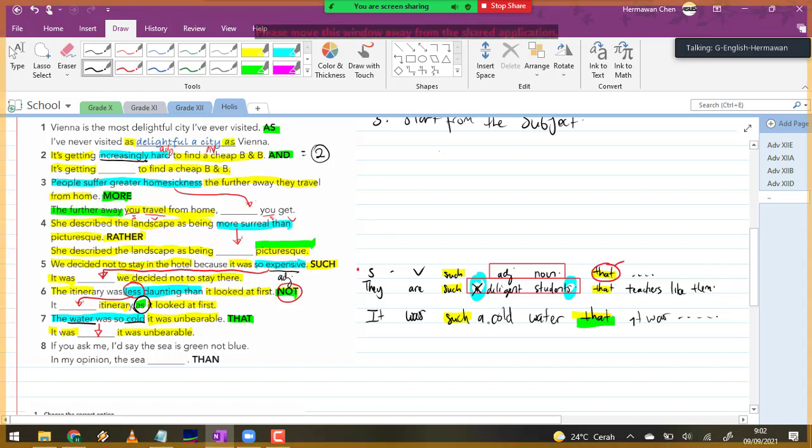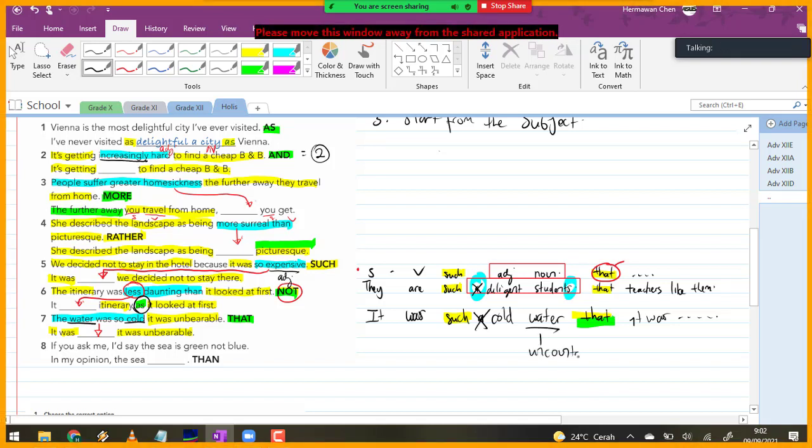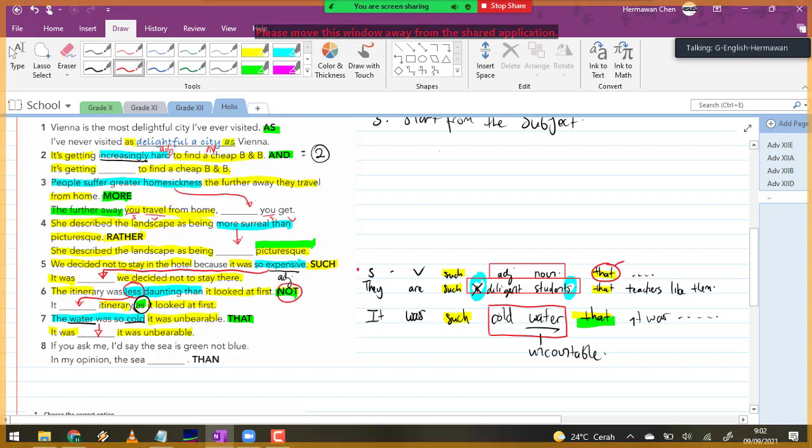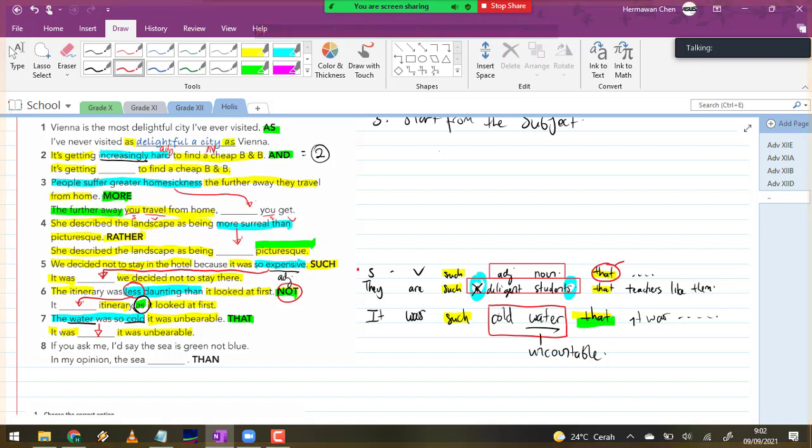Do we have to put a here? No, guys, we cannot. Why? Because water is uncountable. That's why we cannot use a. That's the result. It was such cold water that it was unbearable.